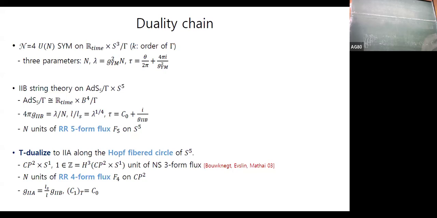But the effect of this NS three-form flux will not be important in our discussion. By the way, when you are T-dualizing the Hopf circle of S5, the Hopf circle is not contractible, so you can consider the T-dual along this nontrivial circle, the whole fiber circle, and the effect of it is that you introduce some NS three-form flux on the other side.